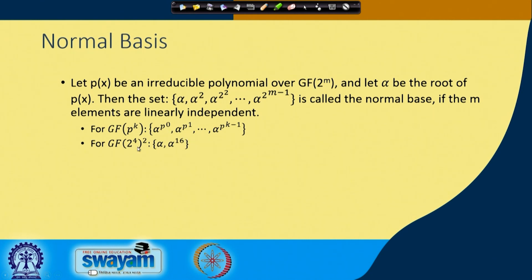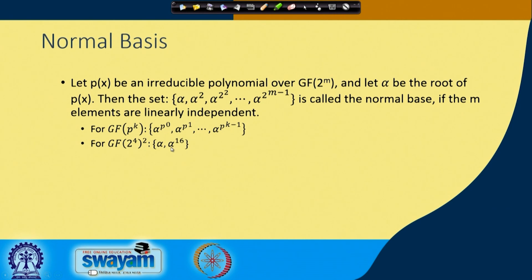We will be considering composite fields like what we did in polynomial basis. So, we will encounter fields of this type, GF((2^4)^2). That means there are two parts in this argument, each of them elements of GF(2^4). In this particular representation, the normal basis would be represented as alpha and alpha to the power of 16.